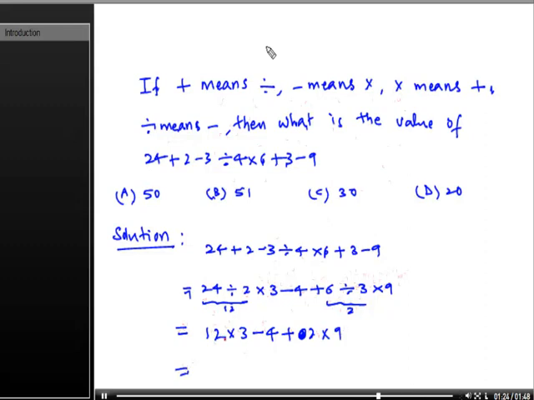This equals 12 into 3, that is 36. Here also we are applying the BODMAS rule. Minus 4 plus 2 into 9 is 18. This gives you 36 plus 18, which is 54 minus 4. This equals 50, which is choice A.